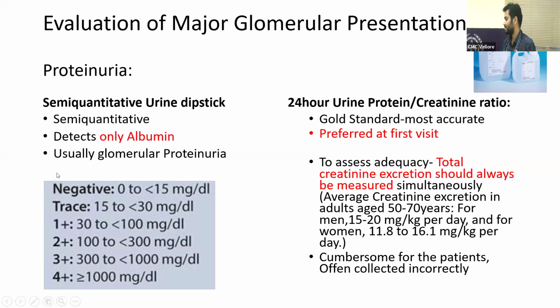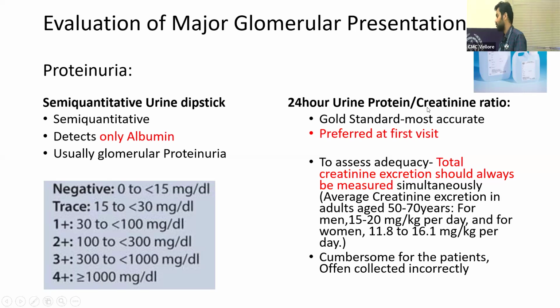Up to trace, you don't need to worry. 1 plus means more than 30 milligram per deciliter: 30 to 100 is 1 plus, 100 to 300 is 2 plus, 300 to 1000 is 3 plus, and more than 1000 is 4 plus. But it may not always be correct. It depends on the dilution status, the concentration of the urine.